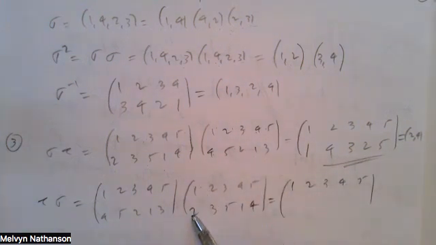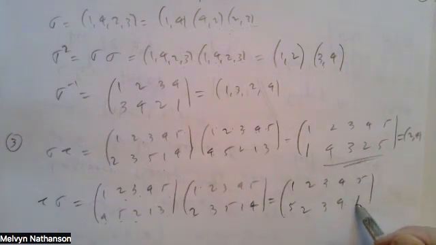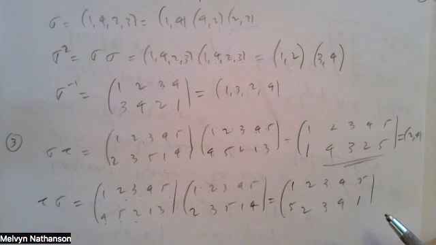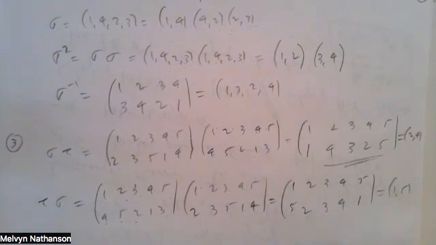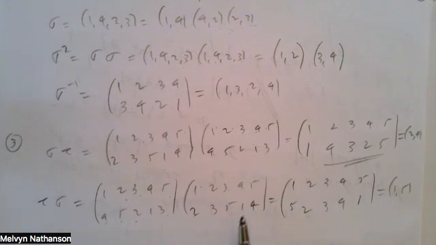So this sends 1 to 2 to 5, 2 to 3 back to 2, 3 to 5 back to 3, 4 to 1 to 4, 5 to 4 to 1. So this permutation fixes 2, 3, and 5. In fact, this is just the transposition (1 5). So that's what it is.